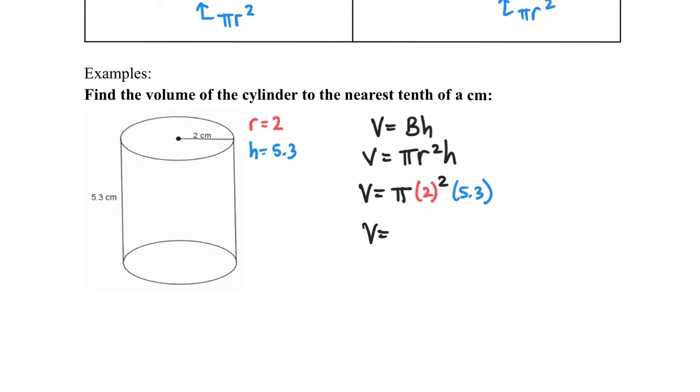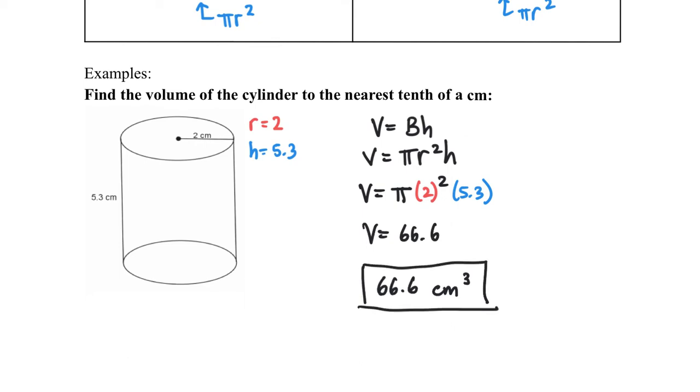When I put this in my calculator, I got 66.6, rounded to the nearest tenth. The way we write it is 66.6 centimeters cubed. That's the volume. Make sure you're practicing putting this in your calculator. Okay, let's keep going.